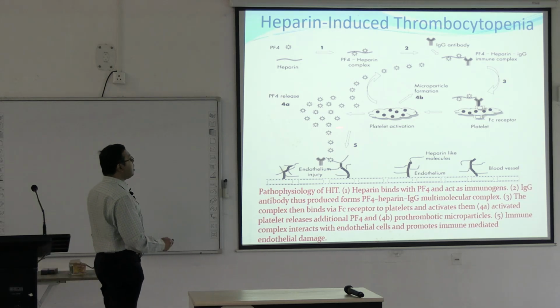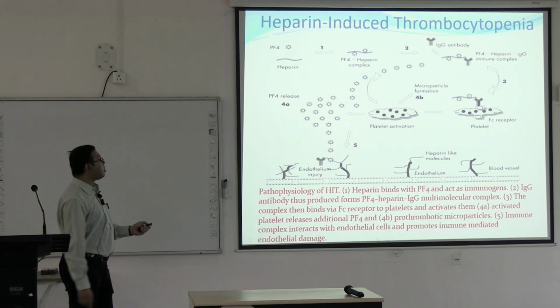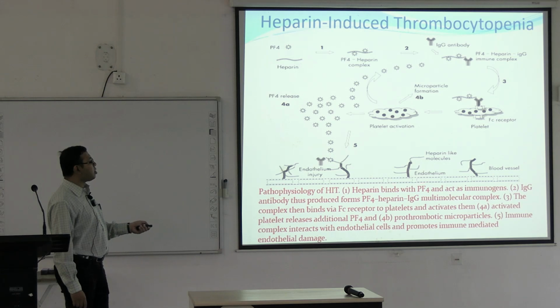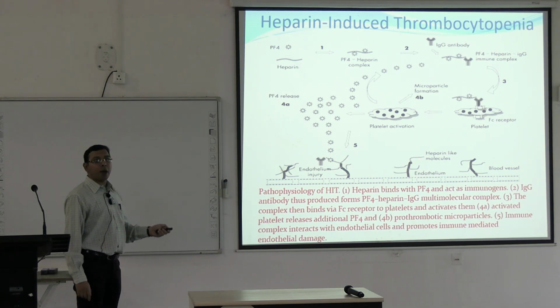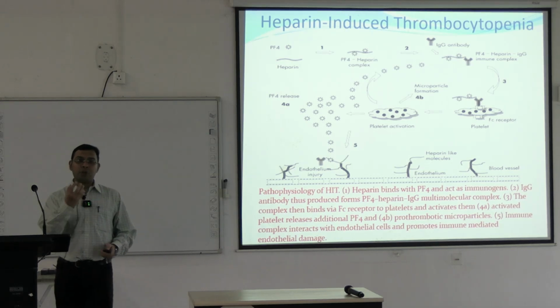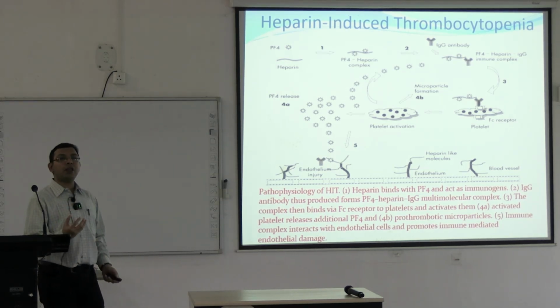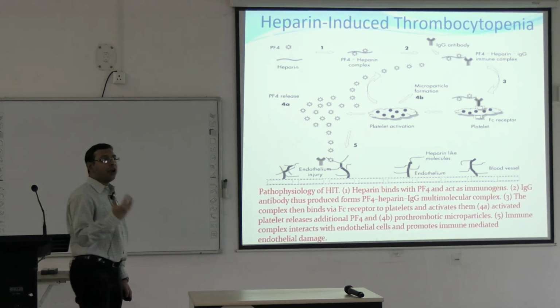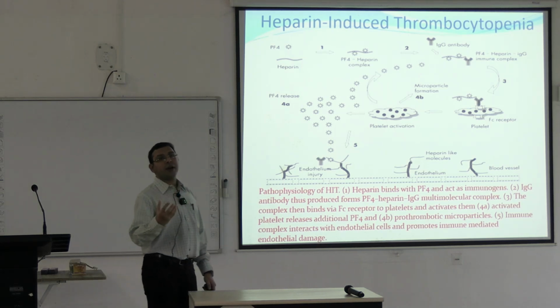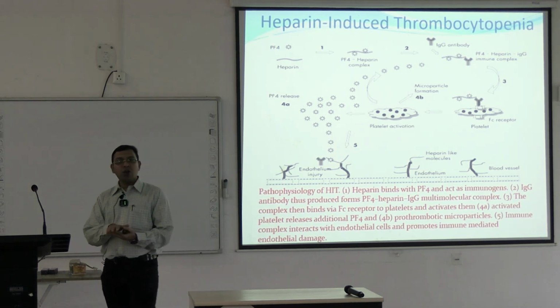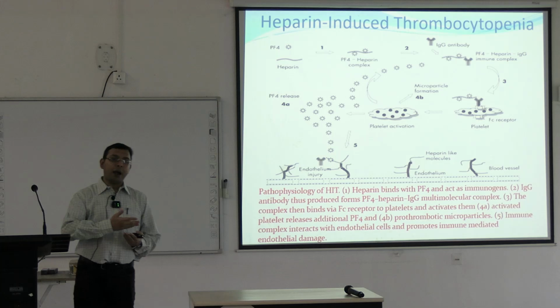The immune complex also interacts with the endothelial cells, and ultimately endothelial damage can happen. So the platelet clump develops, different prothrombotic microparticles are released, and this platelet clump also attaches with the endothelium because it is present within the blood.